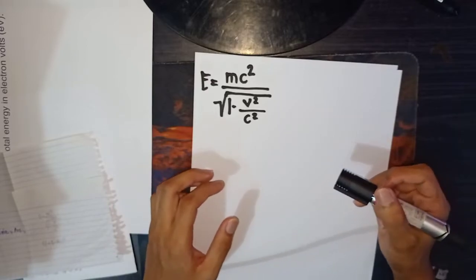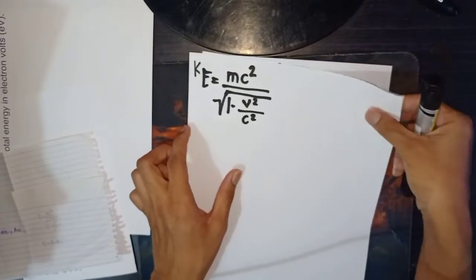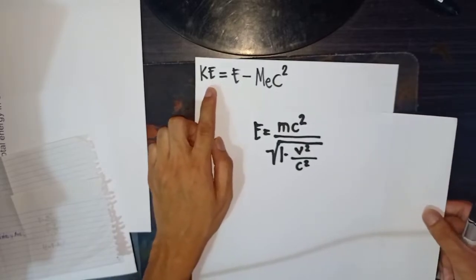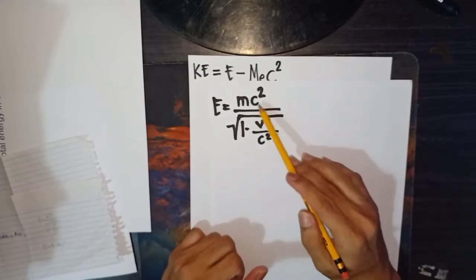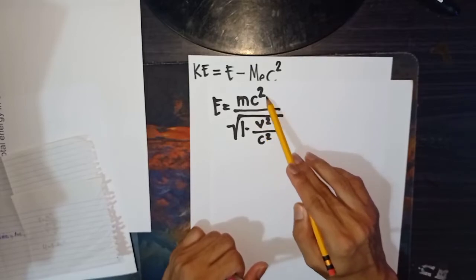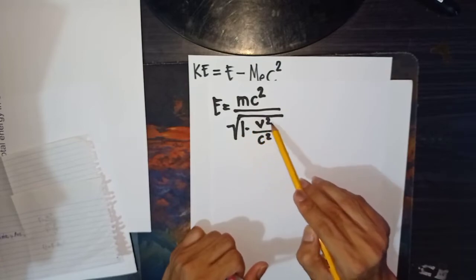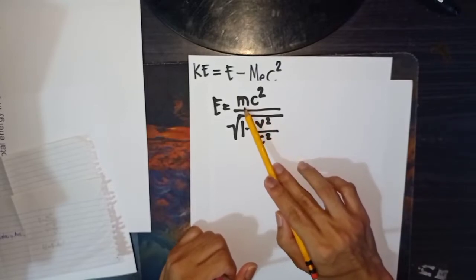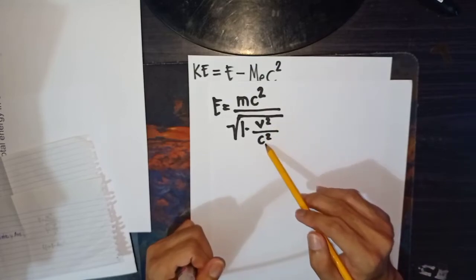In relativistic energy and equivalence of mass and energy, we have two equations being used, which are the relativistic energy and the kinetic energy. Relativistic energy is equal to mc squared, where m is the mass of an object and c is the speed of light that is being squared, divided by the square root of 1 minus v squared, where v is the speed of the object, divided by c squared, the speed of light squared.